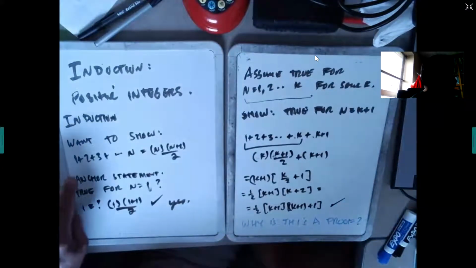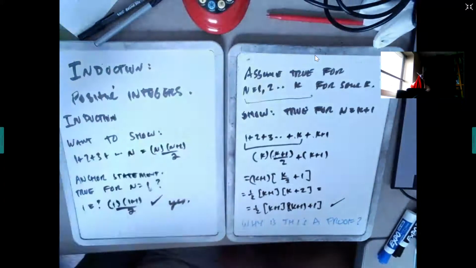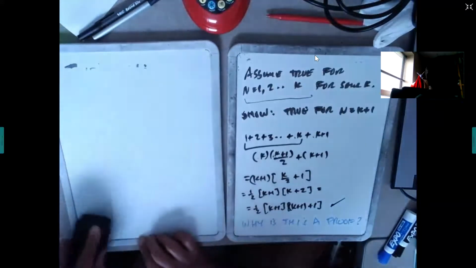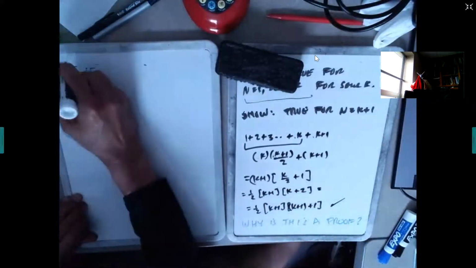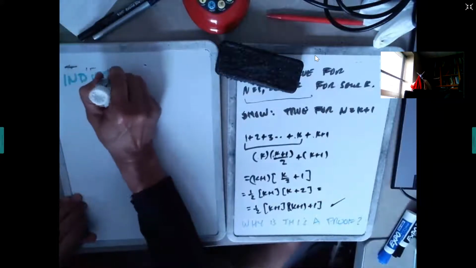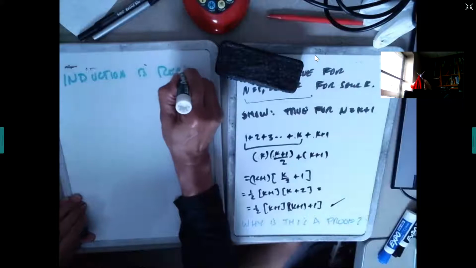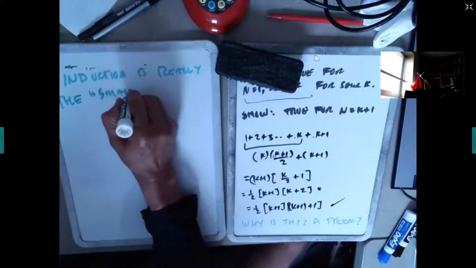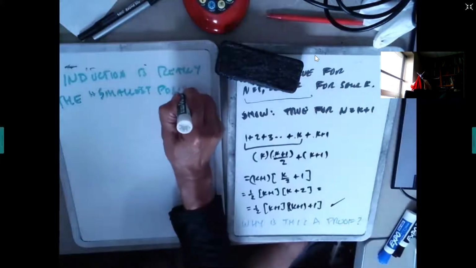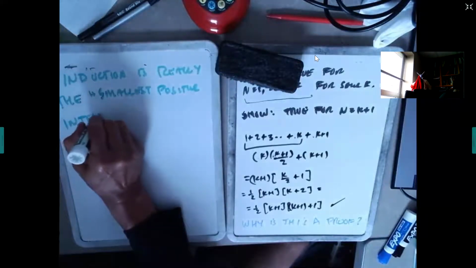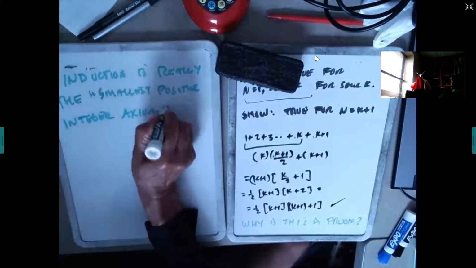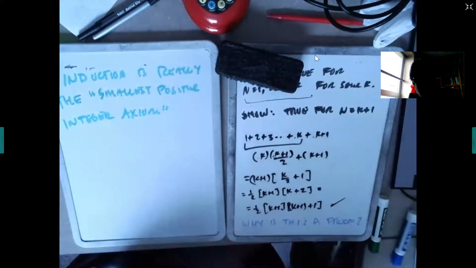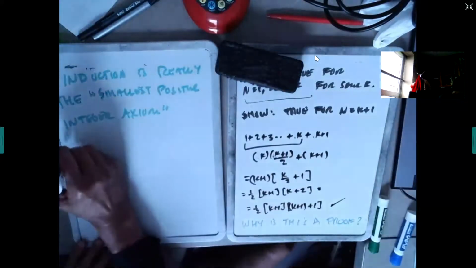Well, what's really going on with induction, at least on the integers, is that induction is really the smallest positive integer axiom in disguise.